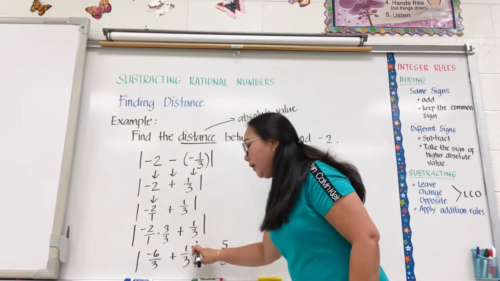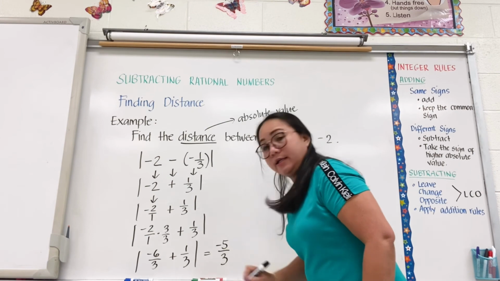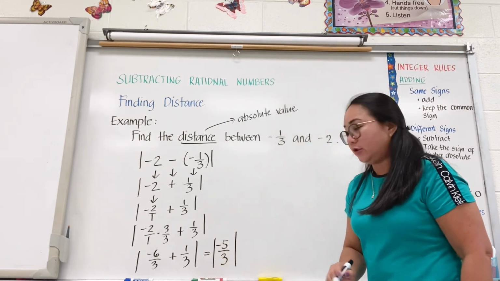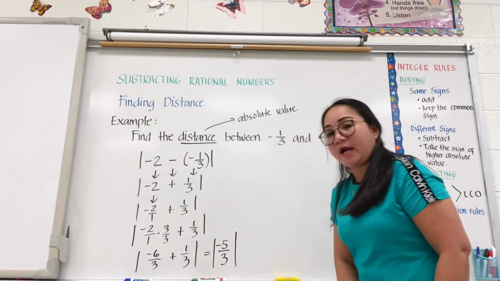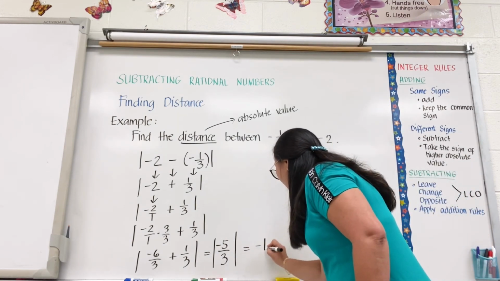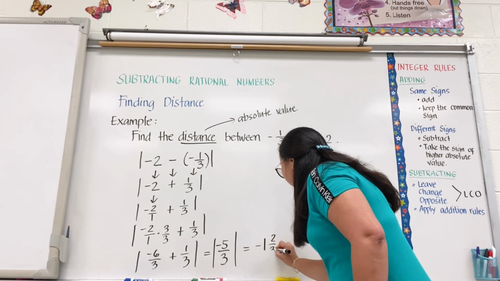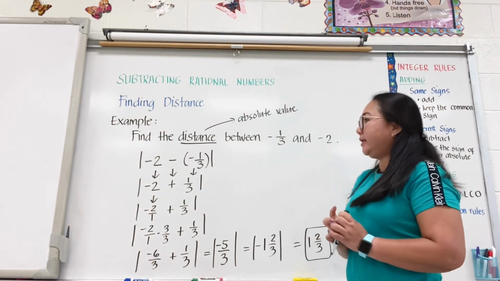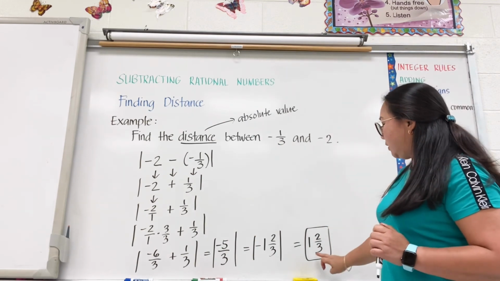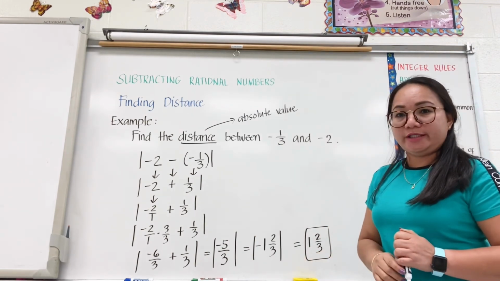Now 6 is bigger than 1, so the sign is negative. Don't forget to write the absolute value sign. Then simplify -5/3, and that is -1 and 2/3. So that means the distance between -1/3 and -2 is 1 and 2/3.